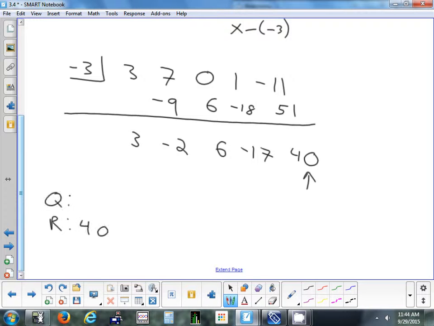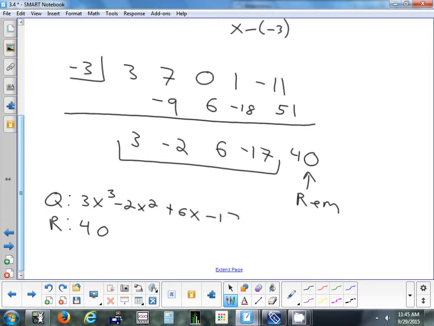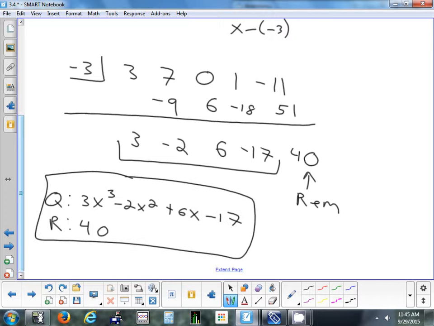What is my quotient? Can anybody interpret this last part to get my quotient? 3x squared minus 2x plus 6x... actually, 3x cubed, 3x squared minus 2x plus 6 minus 17. Done. A lot faster than long division.